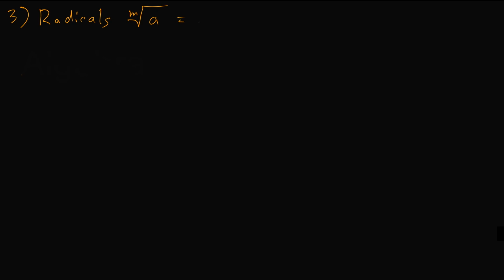Turns out this is going to be equal to a to the power of 1 over m. Okay, so we can get rid of the radical by rewriting it as an exponent. Okay, so this is what tells us that fractional exponents are actually a way to represent radicals.